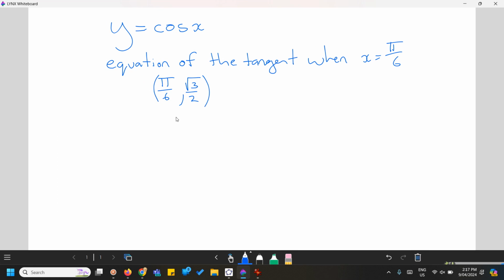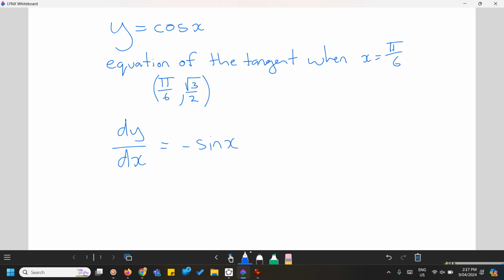Now we need to know our slope. In order to work the slope out, we need to find the derivative of our function, put the same x value into the derivative, and that will tell us the slope. So the derivative of cos x, dy/dx, is going to be negative sine x.